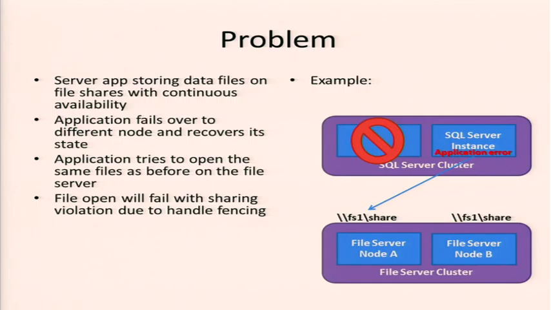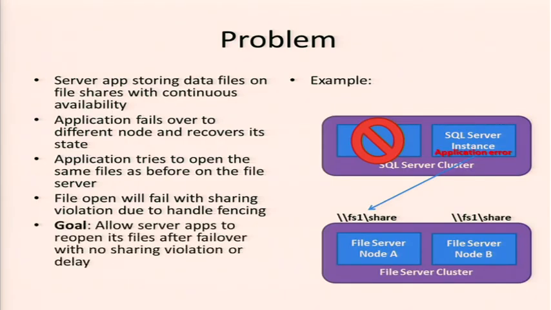The problem, due to some of the semantics in file shares with continuous availability, is that because of the handle fencing that needs to happen, that open will actually fail with a sharing violation, which is, of course, not the desired behavior, because in that case the application will fail to start, and we will need administrative intervention to recover from that state.